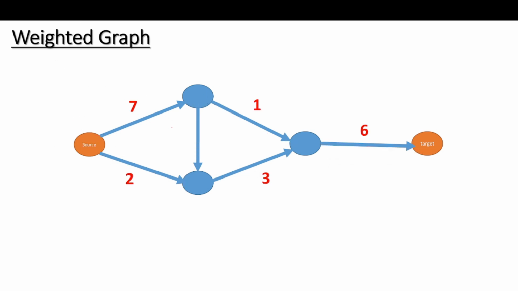In a weighted graph like this, we have given some weight, and still there will be some node value. Let's say we write a, b, c, d. These a, b, c, d are nothing but your nodes, or vertices.